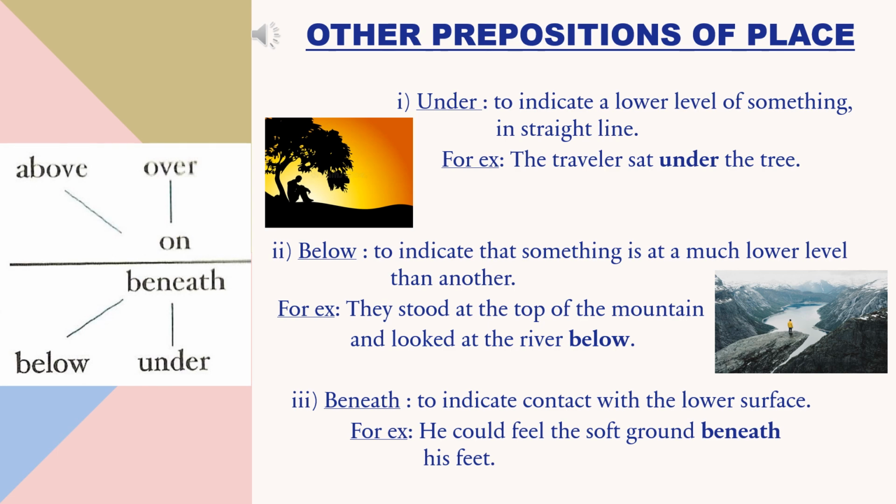Also, here you will find that we have used the preposition at the end of the sentence. So some prepositions can be used at the very beginning or at the very end as well. But do not forget that the word below is used for the river. Okay, so we have a reference point. Where is the river? It is below the mountain. So we have two objects indicating the position of the river.